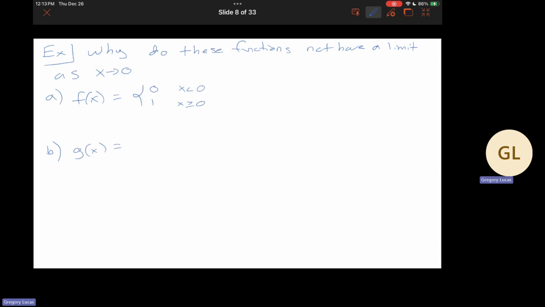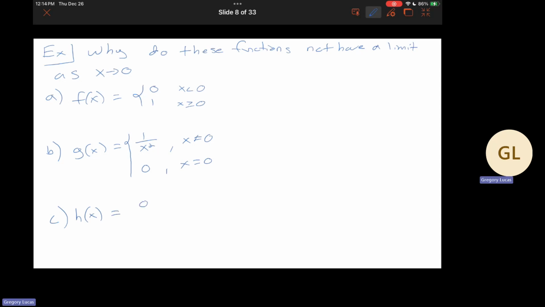In the review unit, we looked at this function, 1 over x squared, if x is not 0, and then we'll make this a piecewise as well. We'll give it the value 0 at 0. And then for the last one, I'll call this one h.